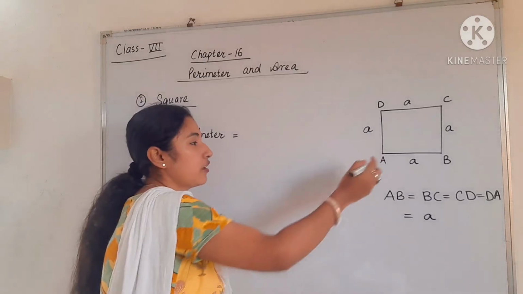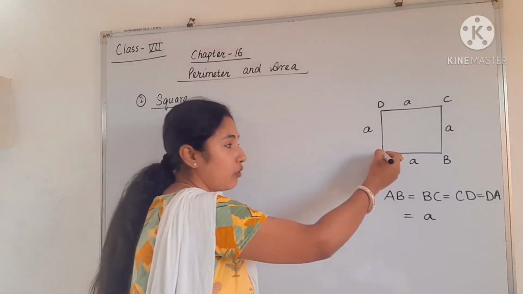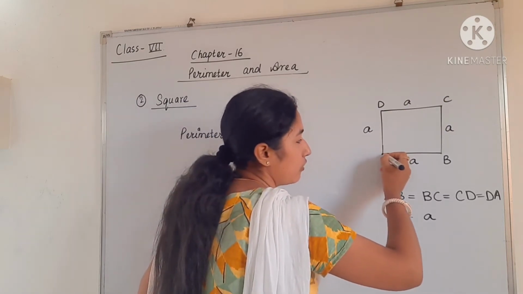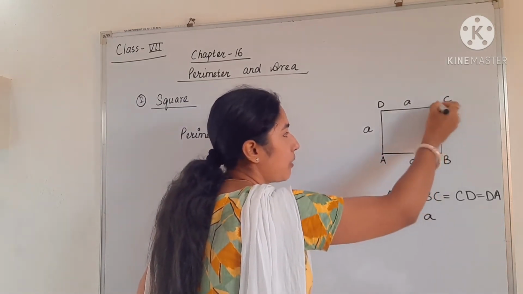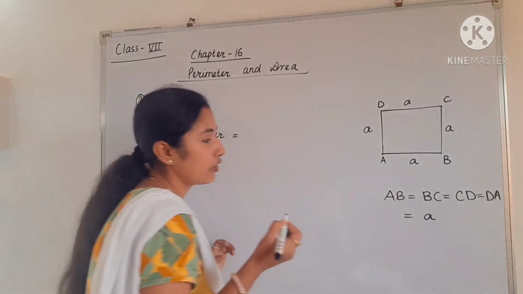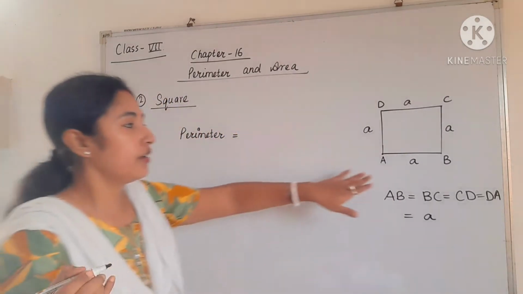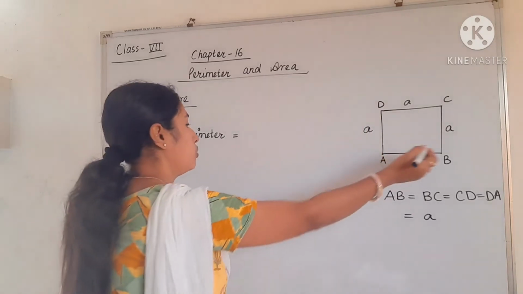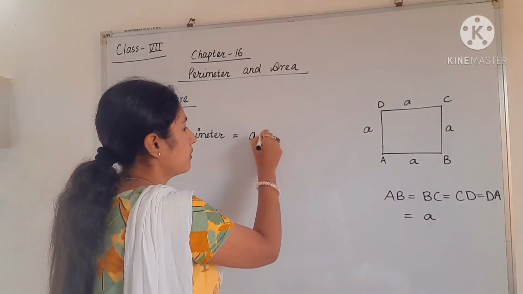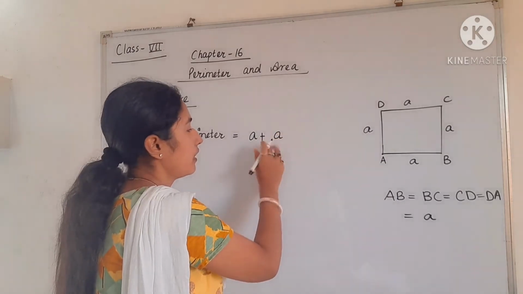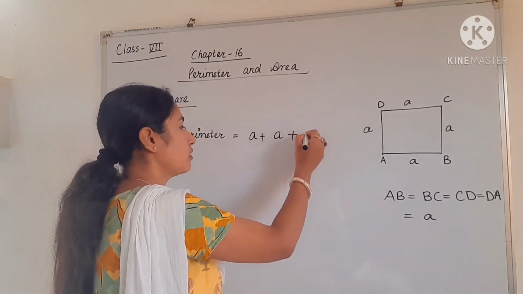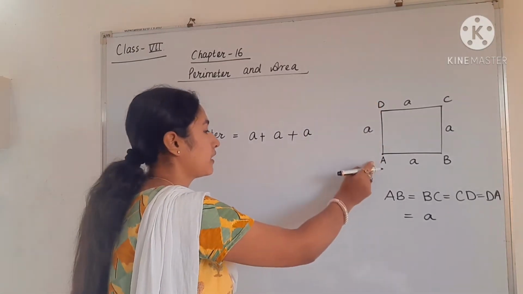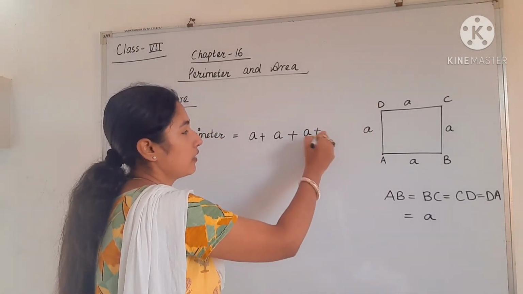So if I am walking from point A and I want to come back at the point A after walking a distance around the boundary of this square, then what I need? Here I have to add all the lengths. Okay, so that means from A to B the length is A, then from B to C the length is again A, then again from C to D the length is A, and again from D to A, after coming back to the same position again I have to write what?